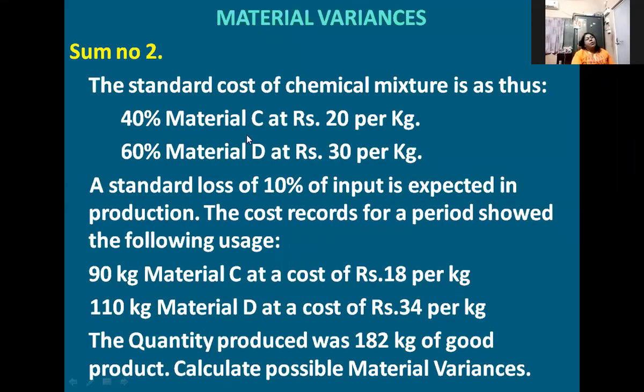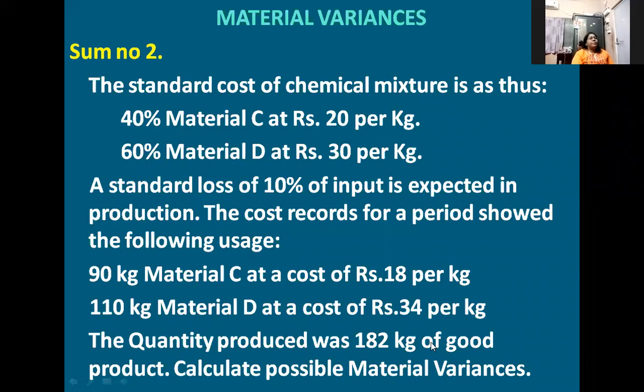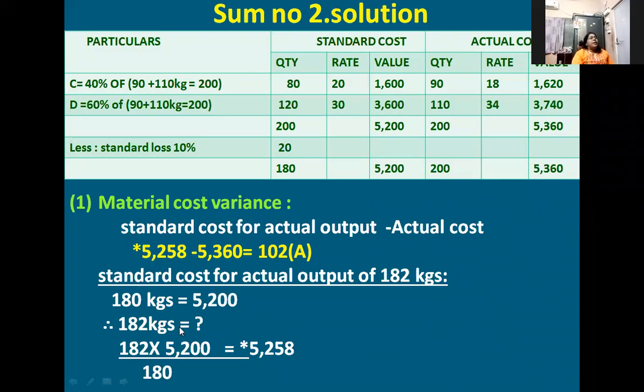From material C, I'm going to use 40% only. The 90 kgs and the 110 kgs, so 90 plus 110, I'm going to use 40% of that. So 90 plus 110 kg is equal to 200.